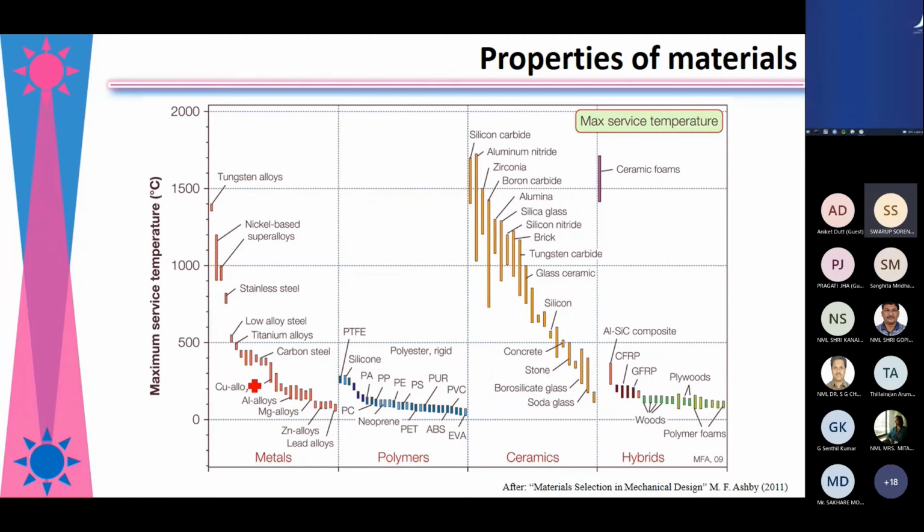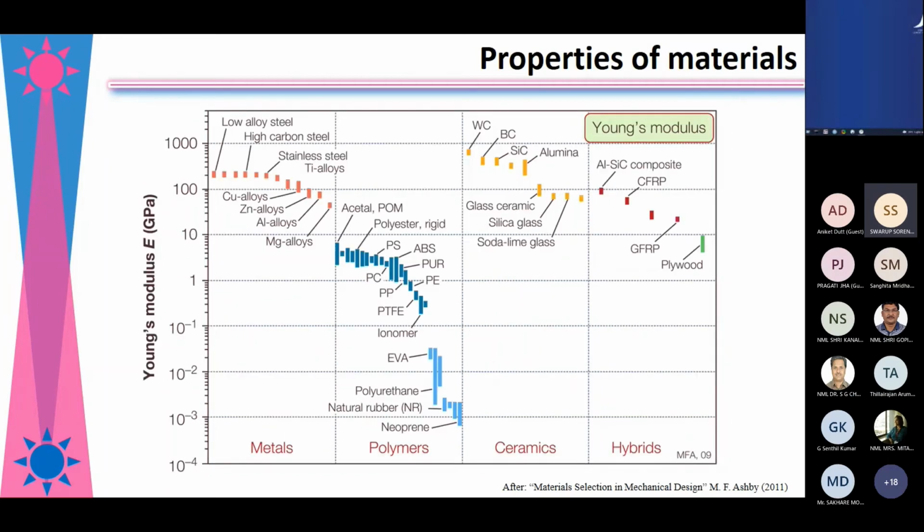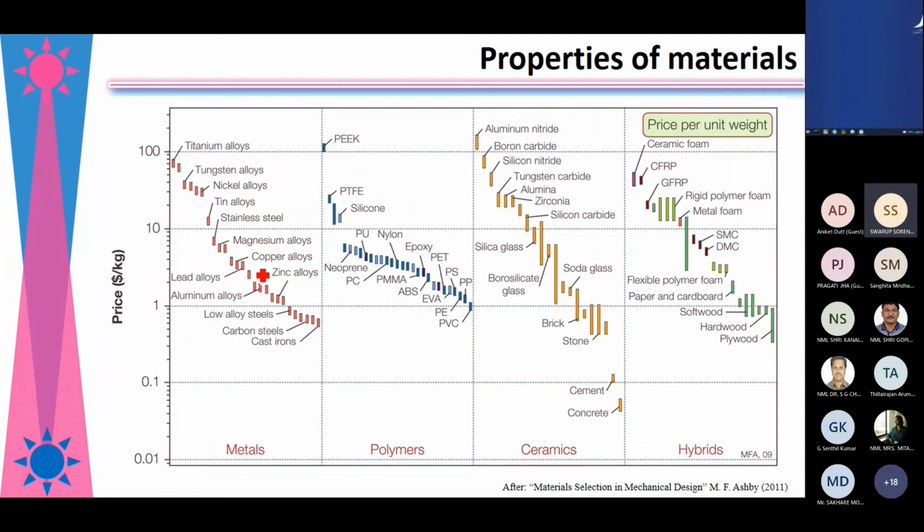And then for different materials, what is the maximum temperature of service is possible. This can be found. Similarly, you can find Young's modulus of different materials, or you can find the prices, relative prices, basically prices of different materials for different classes of materials.